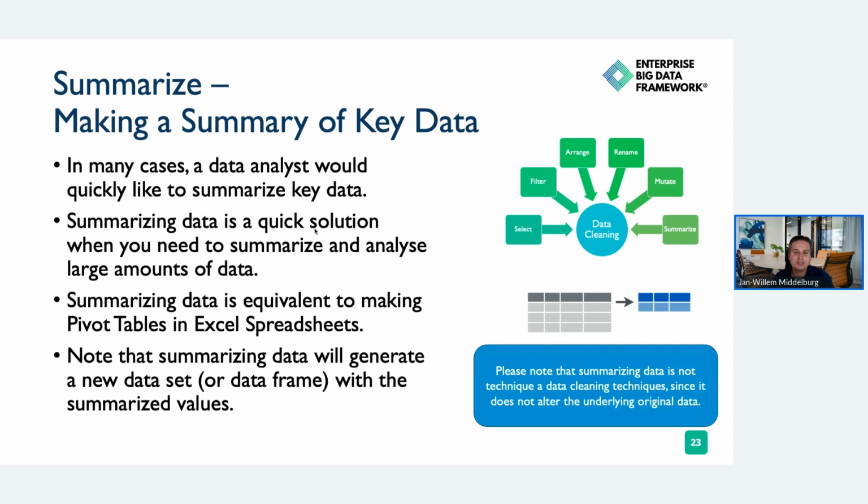It is not so much a cleaning technique per se, because it does not alter any of the underlying records, but it is frequently used within the cleaning operations itself, and that's why it's been included here as part of the discussion. So those are the 6 most common data cleaning techniques. I will showcase in a second how you can actually do this in practice.